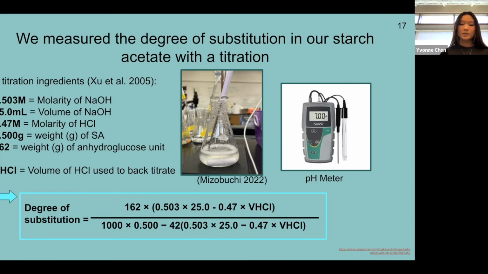The second titration's result shows how much of the sodium hydroxide was used in the first titration, and that allows the starch acetate concentration to be calculated. And then the volumes and molarities of the solutions used are plugged into this long equation to find the degree of substitution.